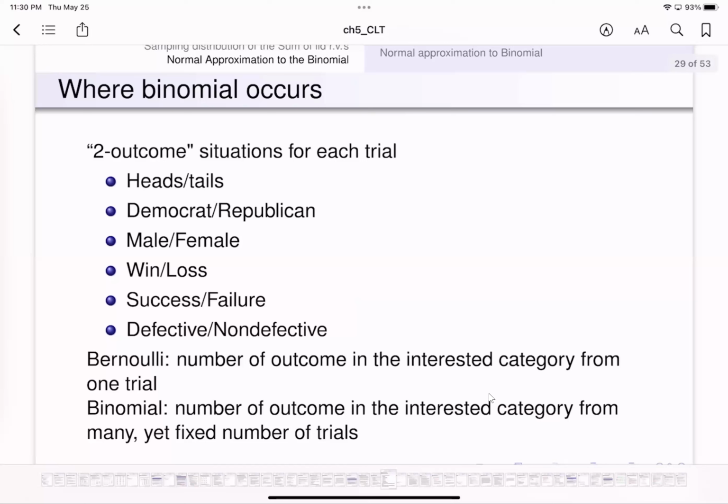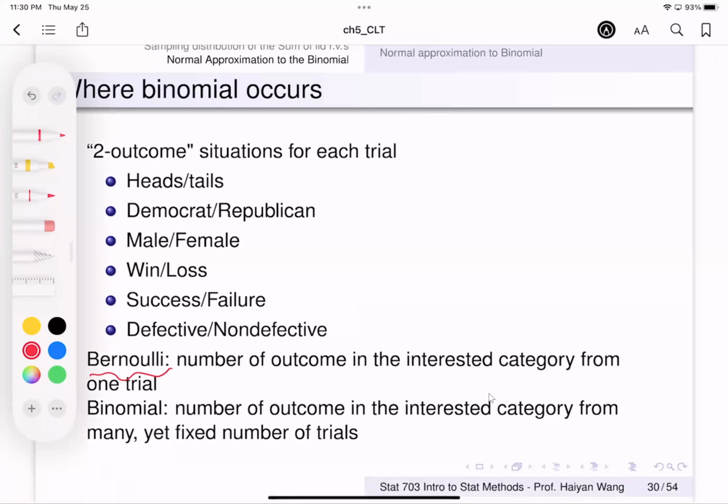And if the result is a failure, we record a value of 0. This kind, recording the value of 1 or 0, we call a Bernoulli experiment. So Bernoulli simply refers to an experiment that results in the two possible outcomes, the 0 and the 1. It's simply having only one trial.